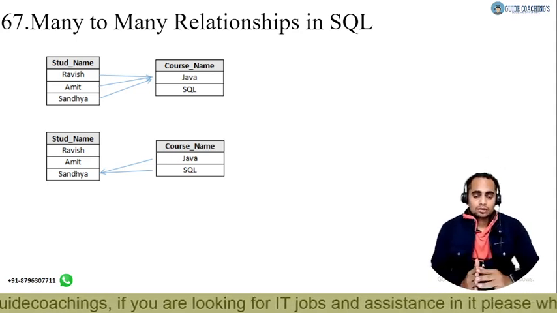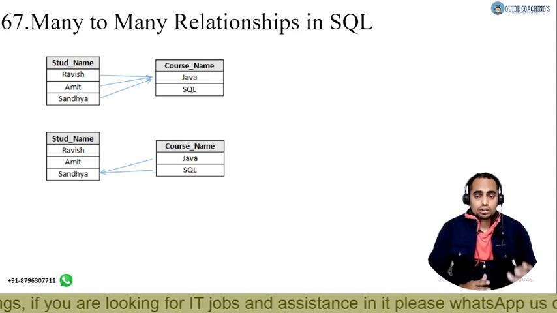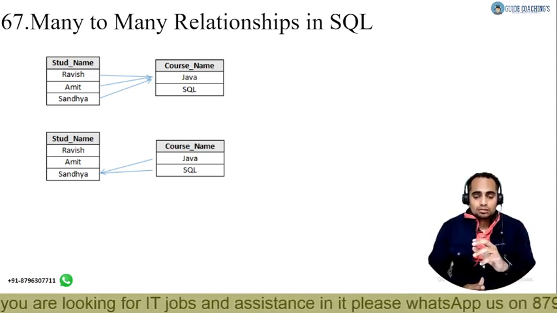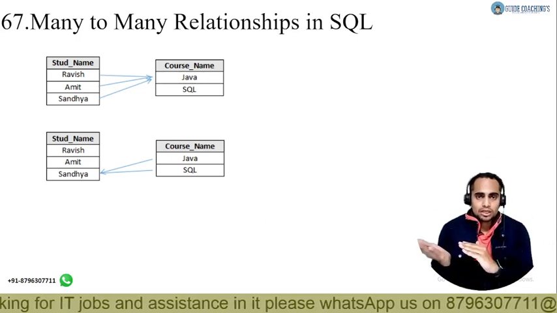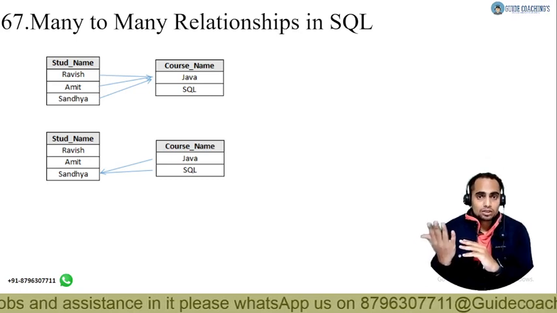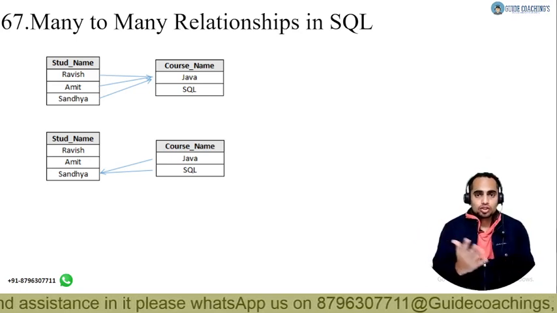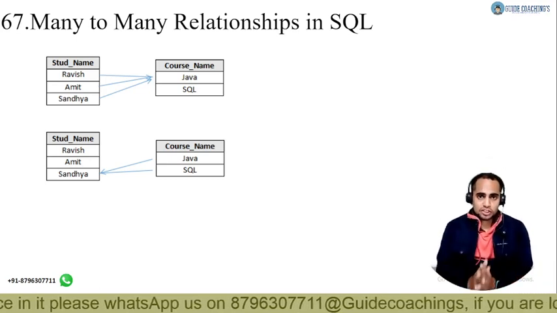One student can be enrolled in multiple courses, and one course can have multiple students. So that is a many to many relationship. That is how a many to many relationship works.